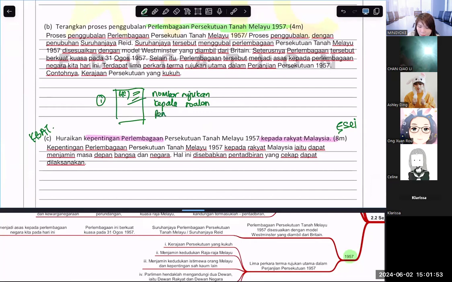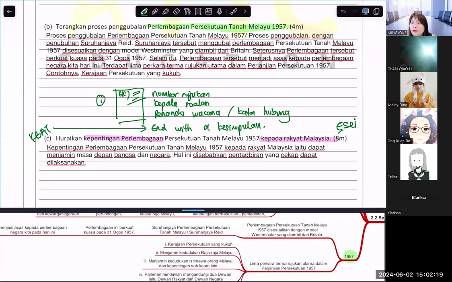Then you write penanda wacana to connect, or kata hubung. SPM standard kata hubung also can. Never mind. Then since it's K-bar, you have to end with kesimpulan. If you forgot, it's okay.